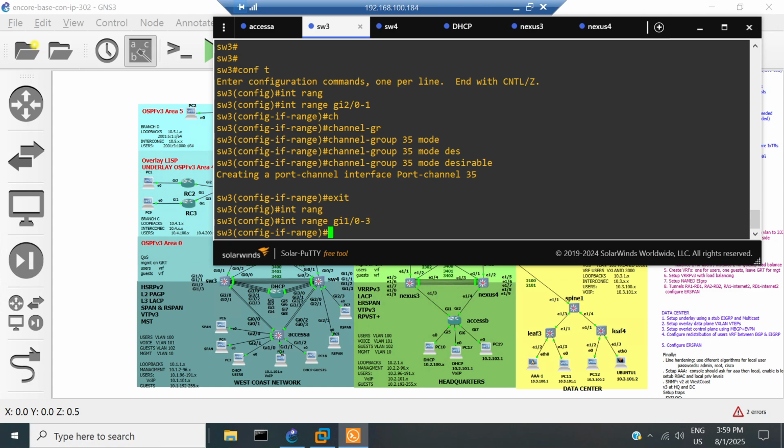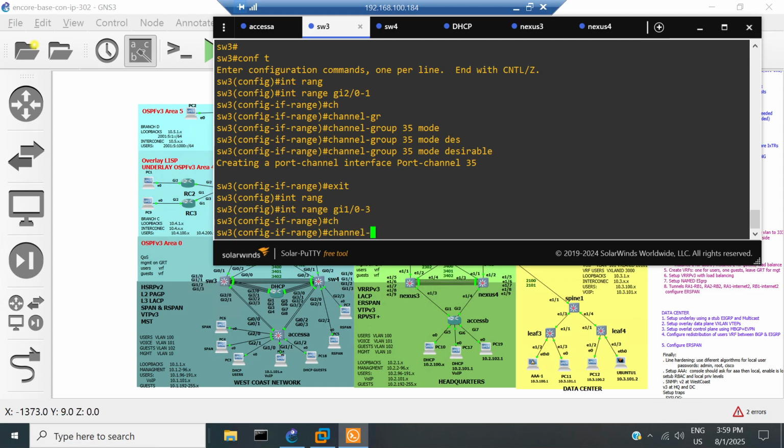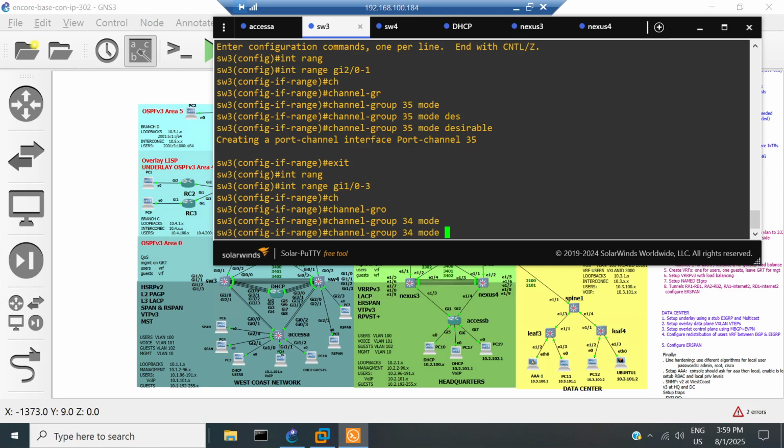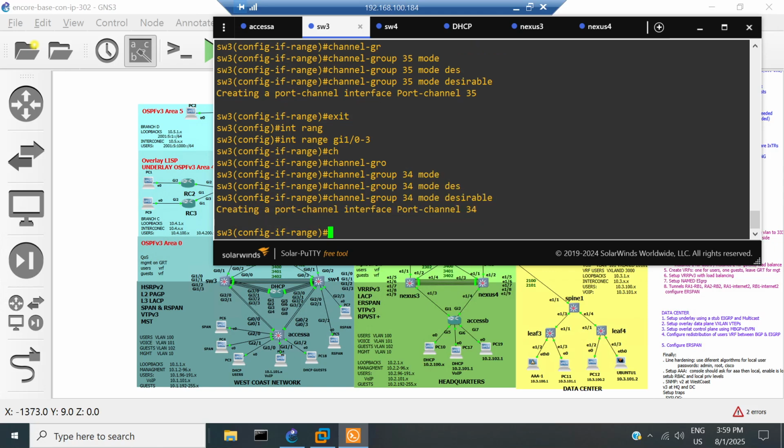How do I know these are the interfaces? Because I am looking at this part of the diagram, and given this is a layer 2 EtherChannel, I have to configure the channel group first and let the operating system create the port channel for me. So this goes from 3 to 4, mode desirable.